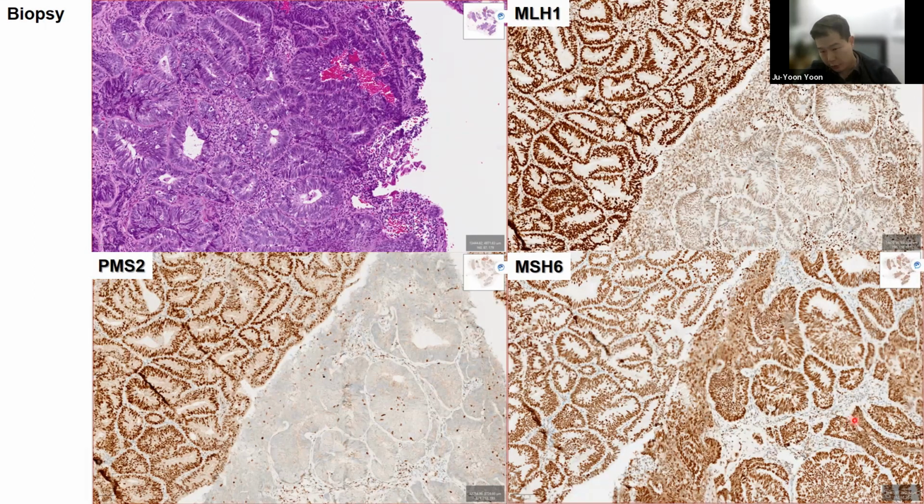MSH6 as well as MSH2 were both intact, as you can see here. You may see some different words used in pathology reports, but this is something I call a subclonal loss pattern of MLH1 and PMS2.